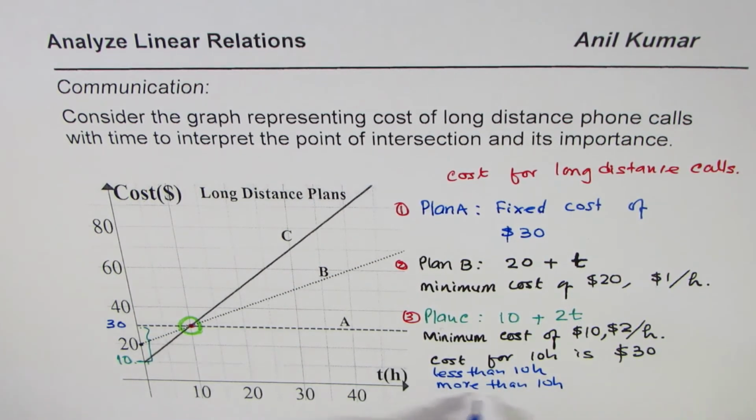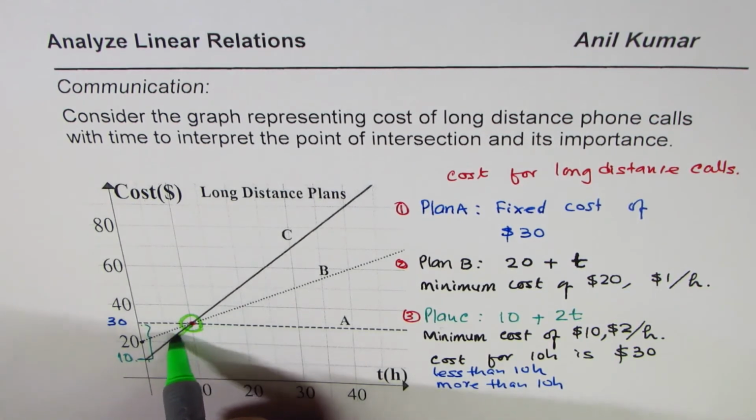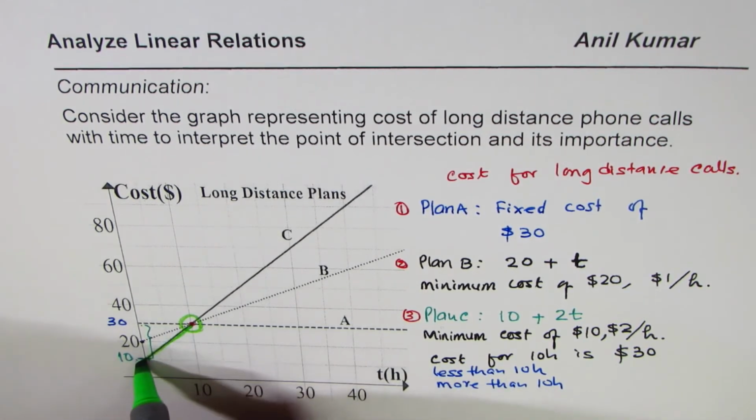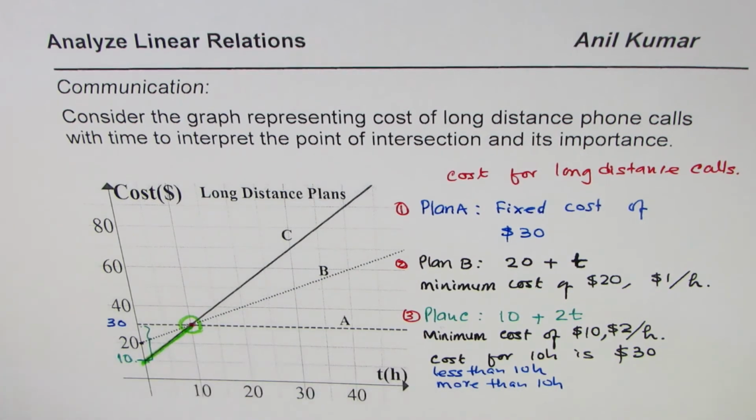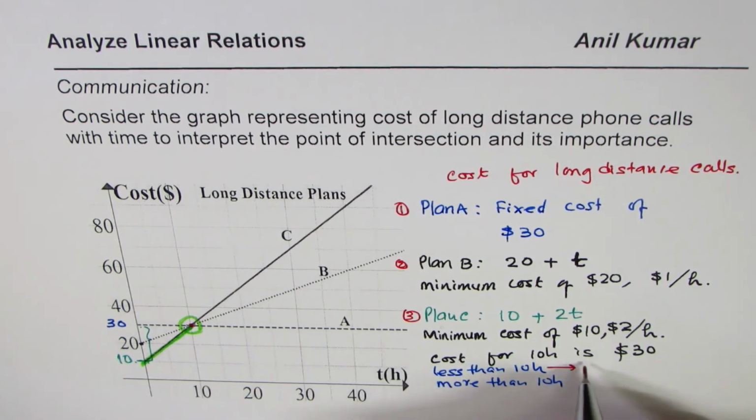So that is what we are looking into. Clearly, if you want to talk less than 10 hours, the best plan is plan C, correct? So we could compare with the point of intersection, what is the lowest? So for less than 10 hours, the best plan is plan C.